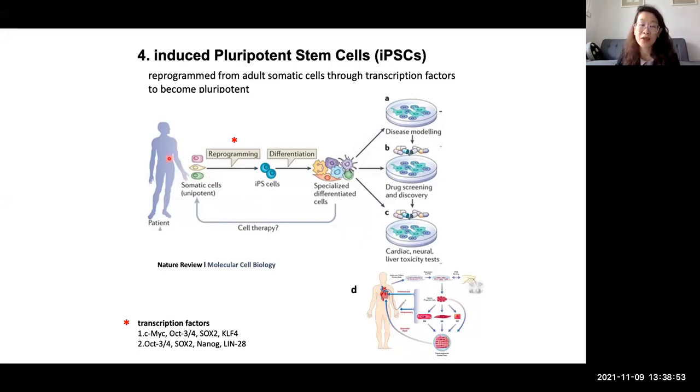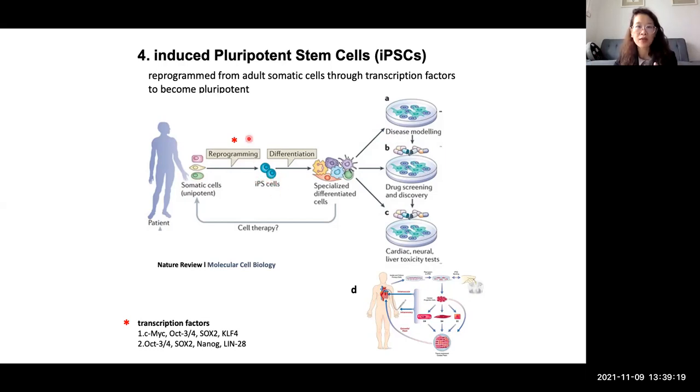In this case, they use the skin cells of the patient, but the scientists reprogram the skin cells to become stem cell-like. Here there are somatic cells, the cells from the body, from skin or nerve, which already have a defined function, but they want to make them stem cells.